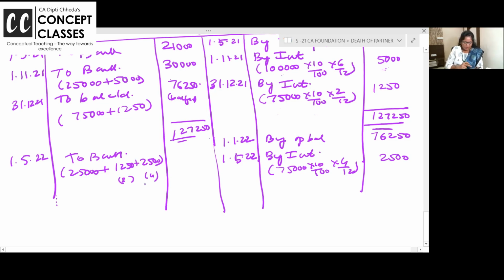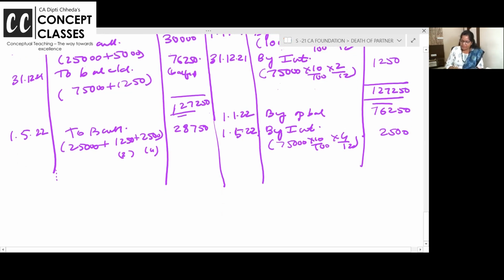So 25,000 plus 1,250 plus 2,500 is 28,750. Anyone in the class having doubt, or all clear? Interest you have credited for 2 months, then 4 months, and now it's time to repay 6 months.